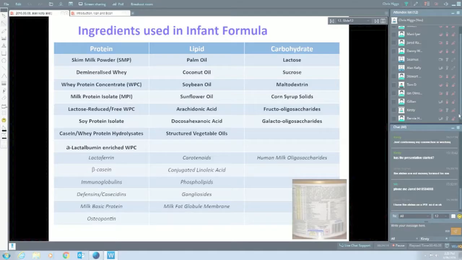Sucrose normally would not be used in the early stages, but only for later stage growing up milks and toddler milks and so on. And in those later age category products, maltodextrin and corn syrup solids can also be used. Two important ingredients which are used quite a bit obviously in first stage and follow-on infant nutrition products are fructooligosaccharides and galactooligosaccharides. But that's as much as we'll say about the lipid and the carbohydrate components for the purpose of this presentation.